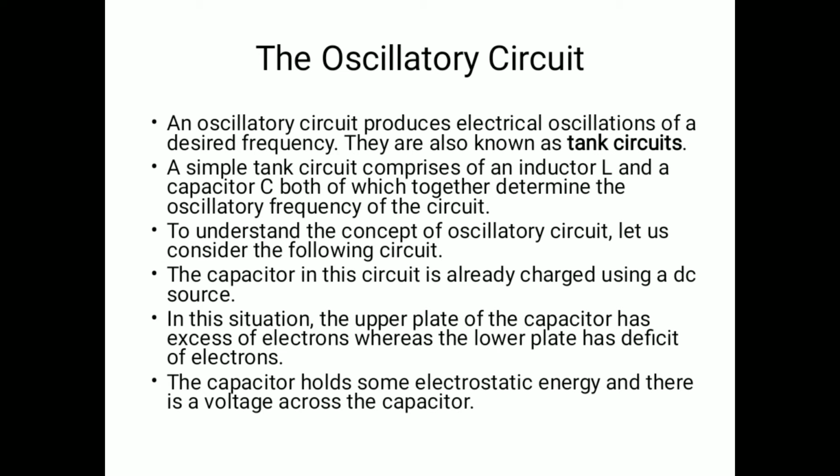Initially, suppose the capacitor is already charged with a DC source. In that case, the upper plate of the capacitor has an excess of electrons and the lower plate has a deficiency of electrons. So a voltage is developed across the capacitor.